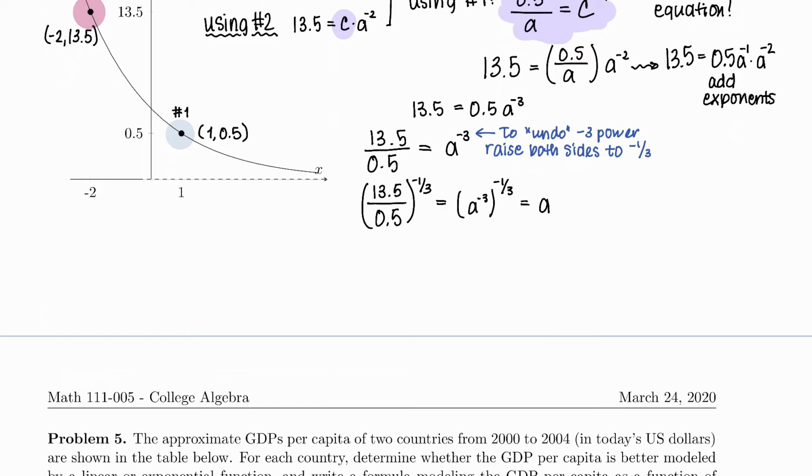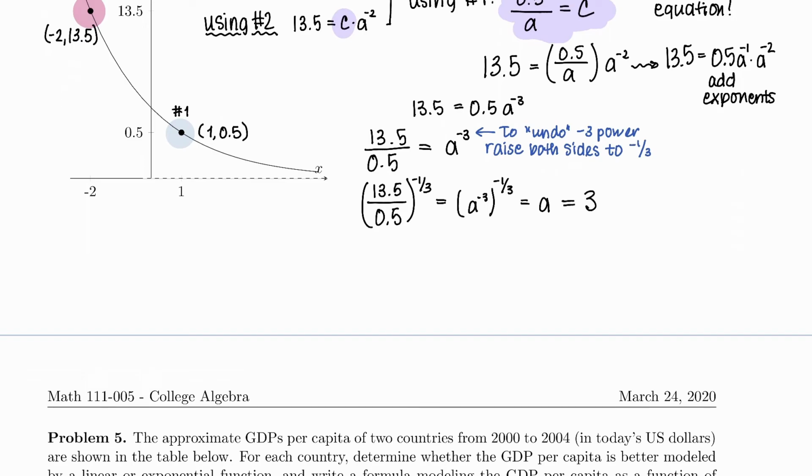So put this in your calculator, please, and check that this is equal to 3. There might be a typo on the worksheet or on the solutions. In any case, we'll just say this is 3.